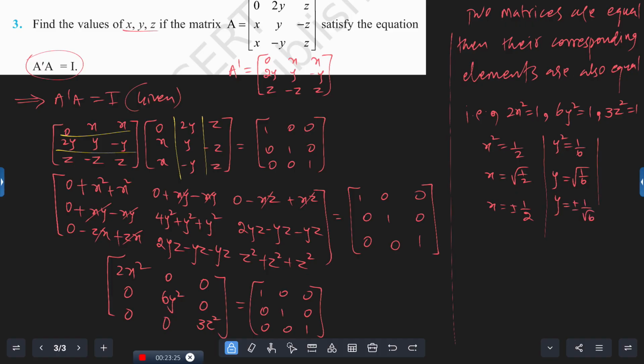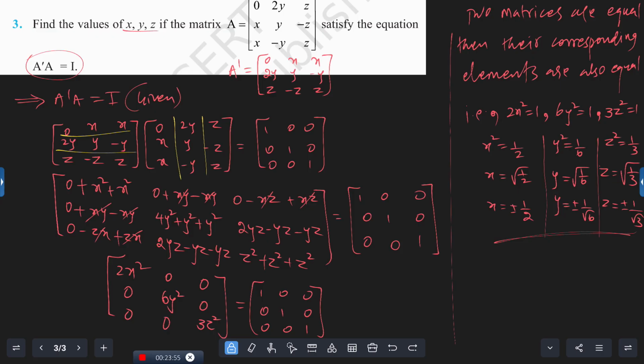Same manner here, z square is equal to 1 by 3, z is equal to square root of 1 by 3, plus or minus 1 divided by root 3. That's it. So this is our required value of x, y, z. Very important: the matrix multiplication and making equal. Other than that, nothing, very easily you can go.